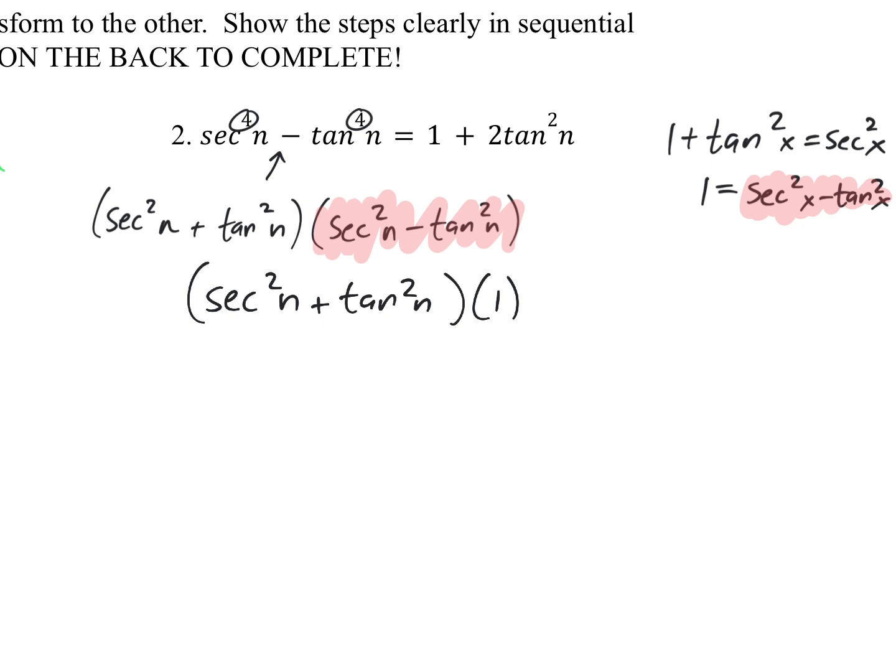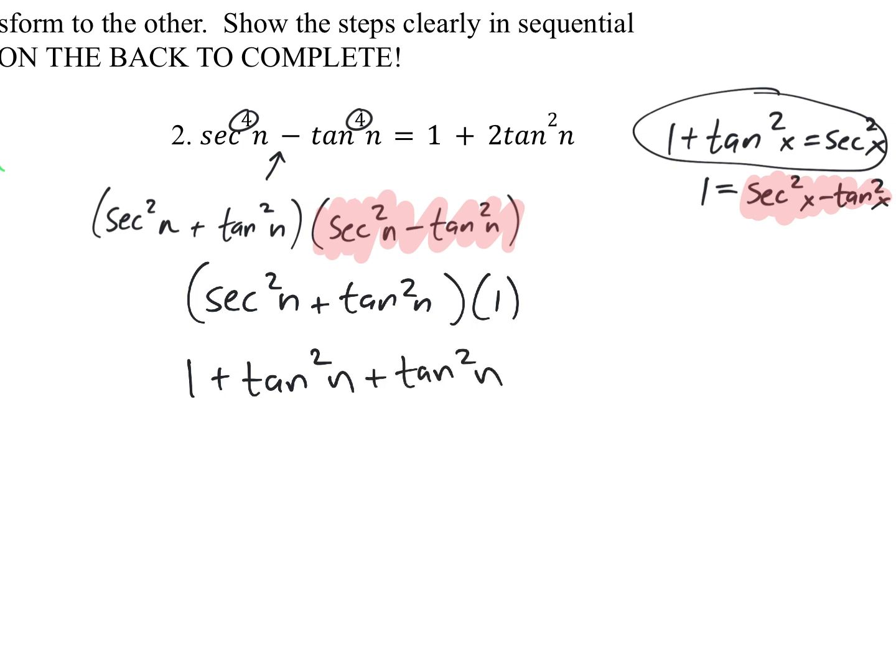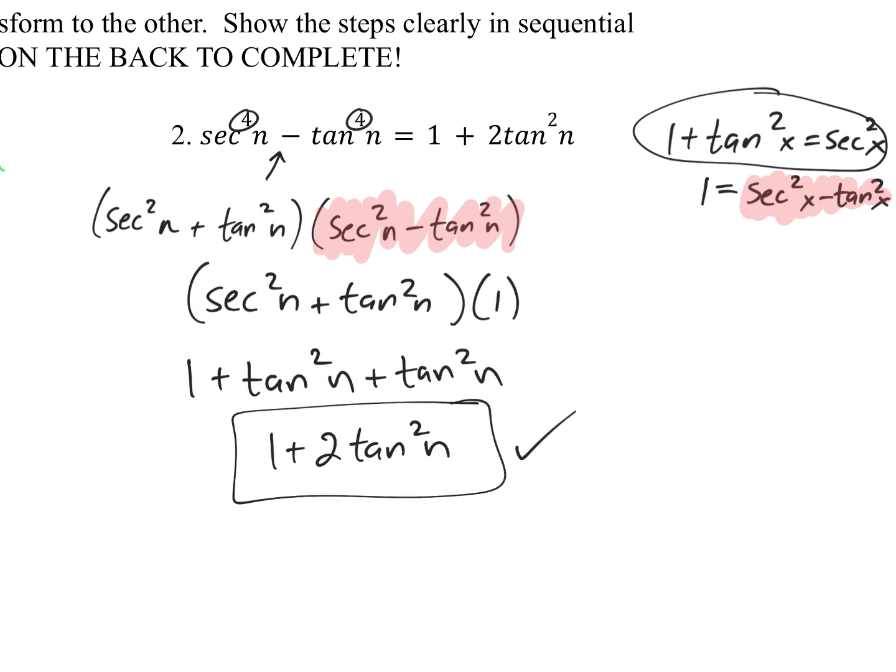And then I'm going to use the original identity that you see up here to get rid of my secant squared expression. So I'm going to have 1 plus tangent squared n plus tangent squared n. And when we combine those like terms, we create 1 plus 2 tangent squared n. That is where we are headed, and there's our identities.